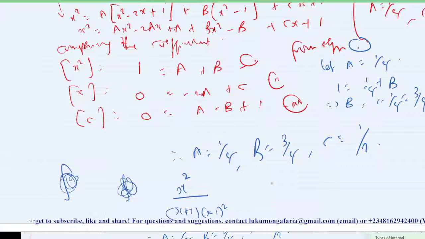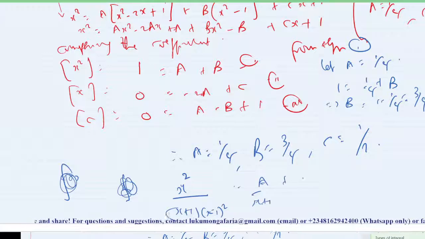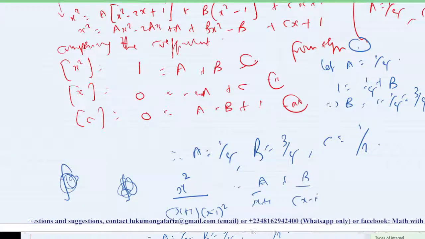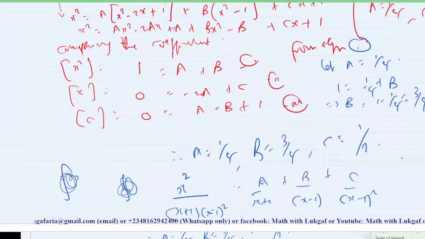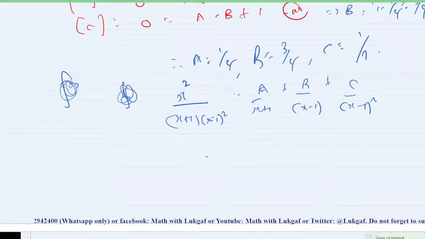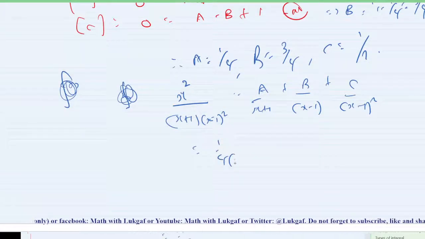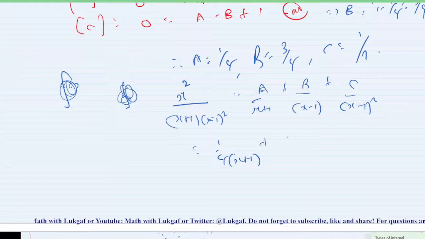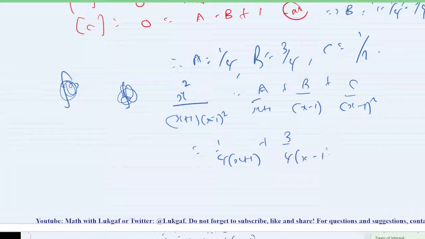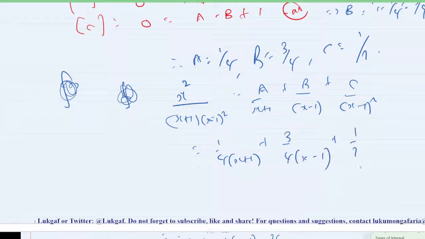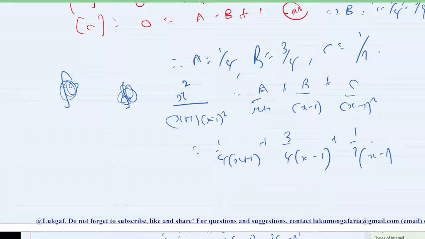And we said it's going to be a over x plus 1 plus b divided by x minus 1 plus c divided by x minus 1 squared. Okay, if you now substitute, then I'm going to have 1 over 4 (x plus 1) plus 3 over 4 (x minus 1) plus half (x minus 1) squared.